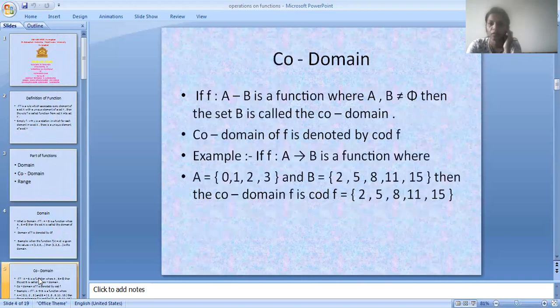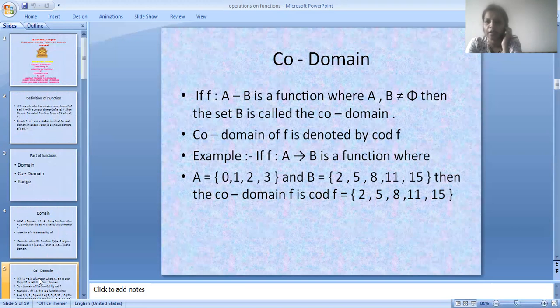Next, the codomain. Here we have to see the definition of codomain. What is meant by codomain? If f from A to B is a function where A and B are not equal to the empty set, then the set B is called the codomain. The codomain of f is denoted by codomain of f.